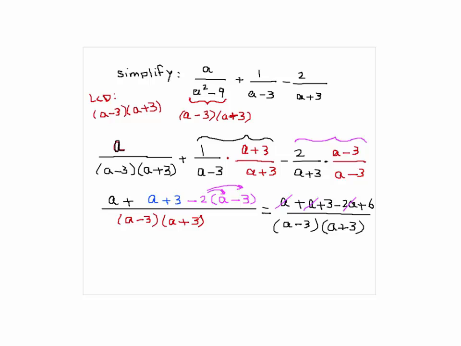And then we can combine the constants. We get 9 over a minus 3 times a plus 3. Now at this point you have to look and see if we can simplify this. We cannot factor anything, and it looks like that would be the final answer.